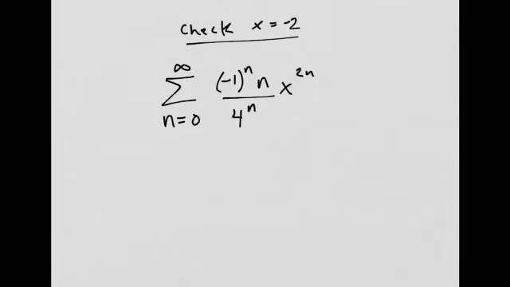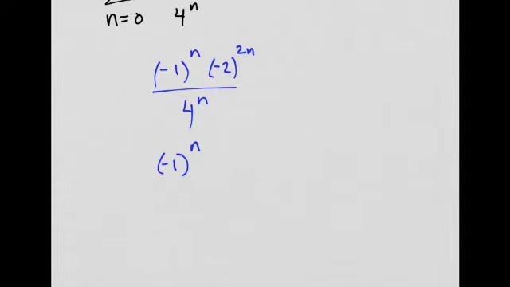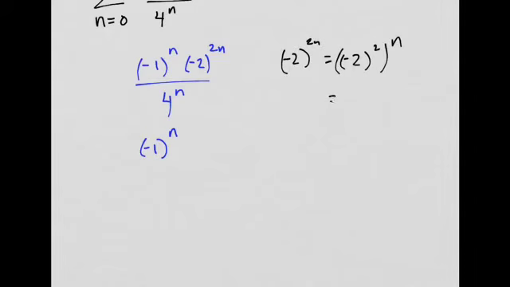I'll plug in a -2, and I'll start reducing stuff. I'm only going to look at the sequence in here, and then I'll just use my prior tests that we already have dealt with. Just something I want to point out, if I have -2 to the 2n, that's the same thing as -2 squared raised to the nth power, so that's actually the same thing as 4 positive to the n.